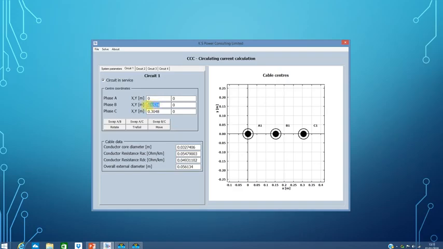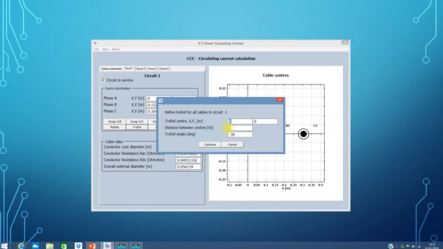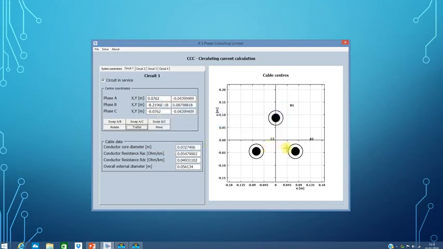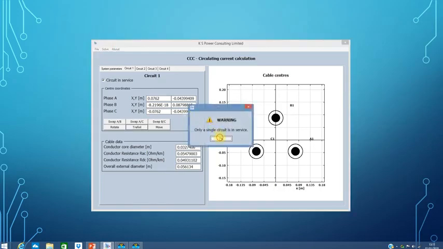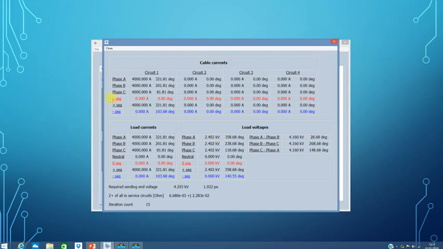So if I take the distance between the conductors and define a trefoil with that spacing, so there's my trefoil, and if I now run the analysis, again there's only a single circuit in service, but you can see that with that symmetrical trefoil, the negative sequence component of current is now eliminated, and in this case we have a perfectly balanced three-phase system, and our system has perfectly balanced impedances.